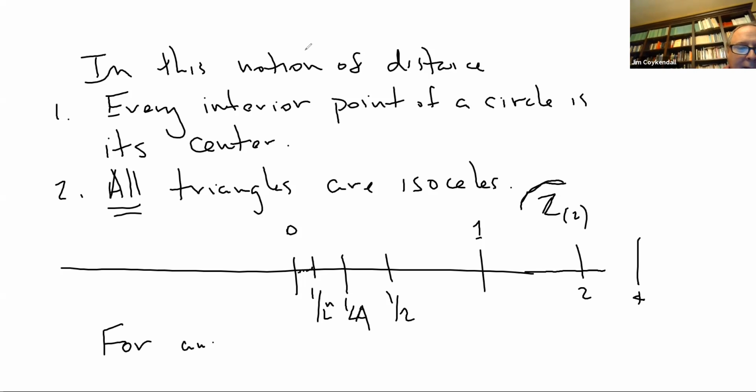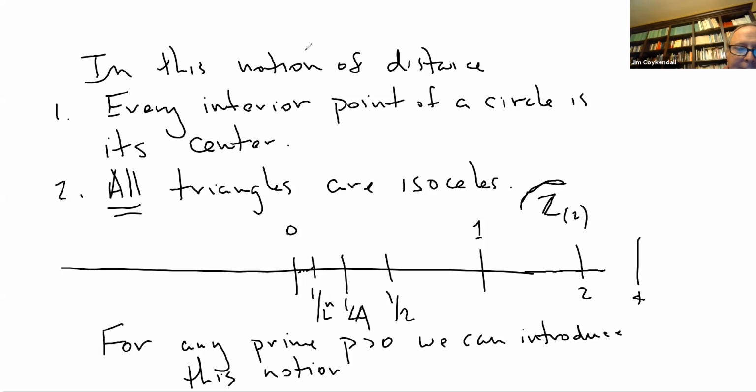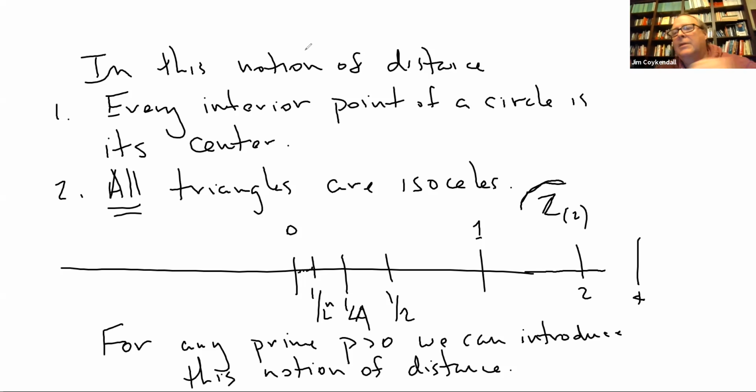For any prime p bigger than 0, we can introduce this notion of distance. And in fact, that's a number theoretic result that we could discuss later if you want to come talk to me about it.